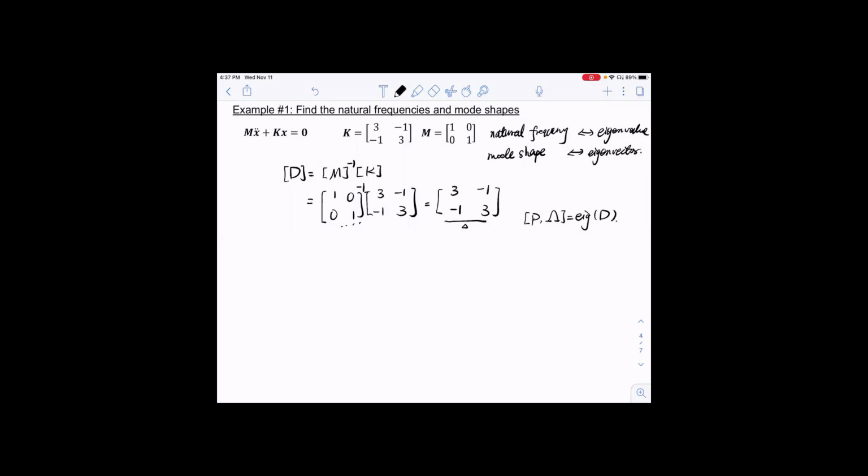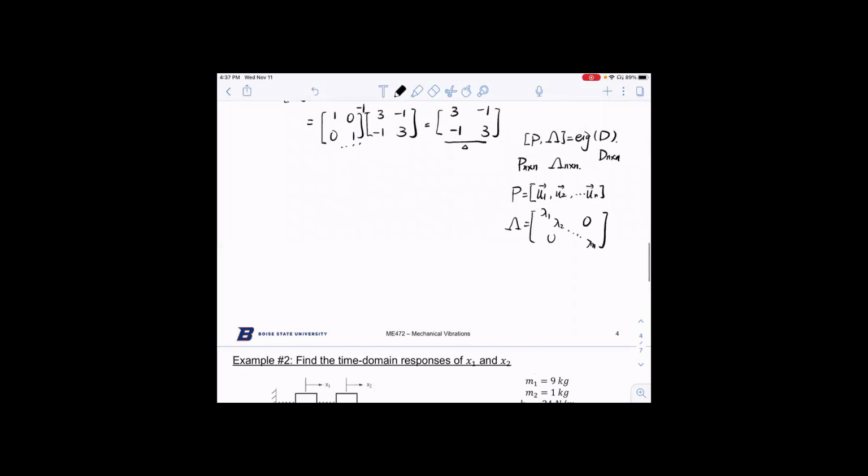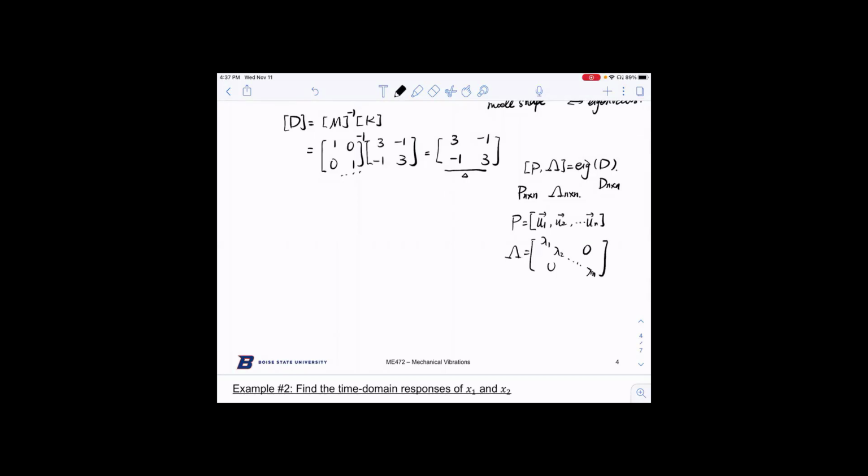If your D is M by N, then your P is M by N, and your lambda is also M by N. Your P matrix will be U1, U2, up to UN, and your lambda matrix will be diagonal: lambda 1, lambda 2, all the way to lambda N. All the off-diagonal terms will be 0. That's how you find your eigenvectors and the corresponding eigenvalues.